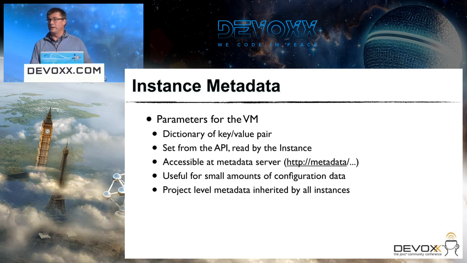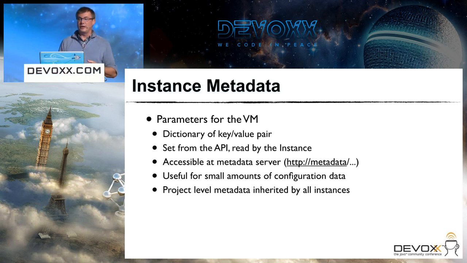If you have things in your buckets in Google Storage, you can nicely access them from your VMs running in Compute Engine. Instance metadata. So if you create a pure VM, it's not very pretty. So you want, via scripts, to pass parameters to your VM.